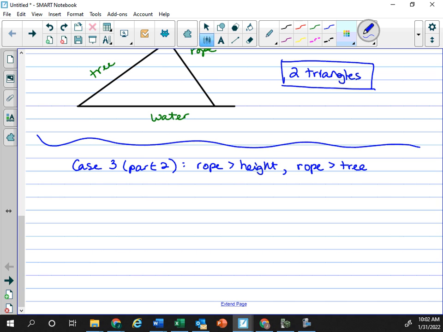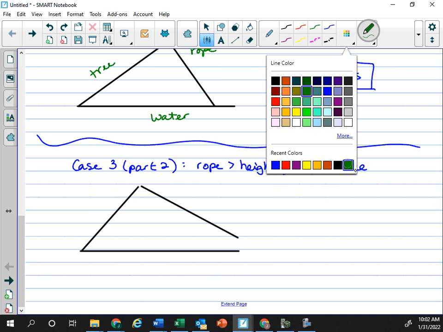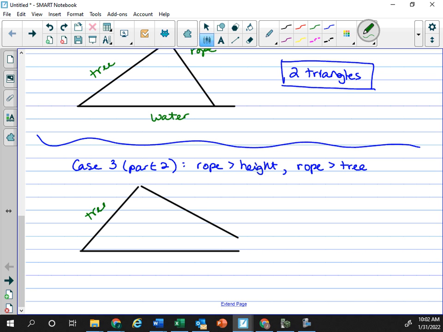We have a really long rope. So again, here's my tree, here's my rope, here's the water. We draw it the same every time.